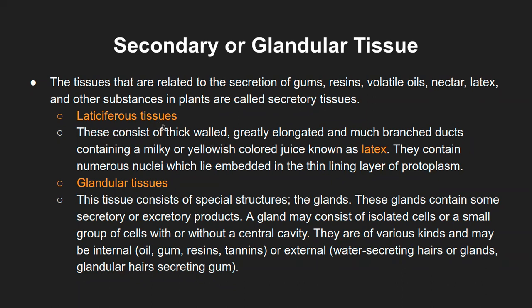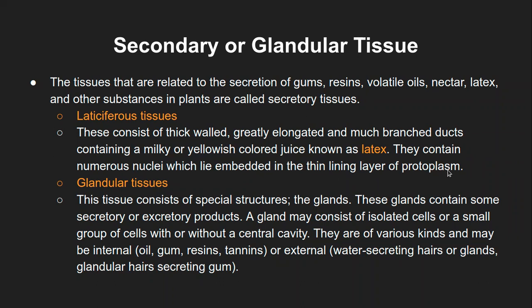latissiferous tissues. These secrete the latex, which is a milky yellowish colored juice. I guess I had mentioned this: when you sometimes break a stem or a leaf, that white milky fluid that comes out is nothing but the latex, and they contain numerous nuclei which lie embedded in the thin lining of the protoplasm.